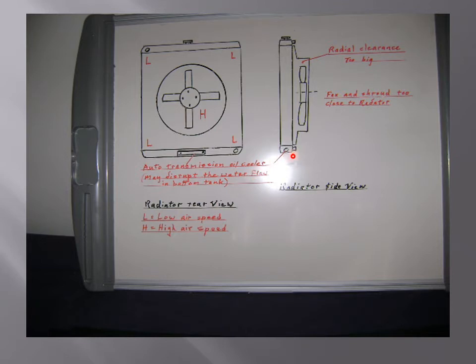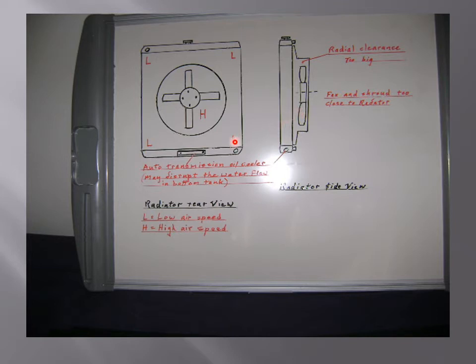Here we have the radiator as viewed from the side, and you'll see that in the corners here and here, the shroud is too close to the radiator. In fact, the fan too is too close to the radiator.